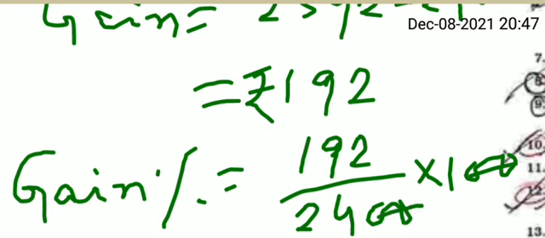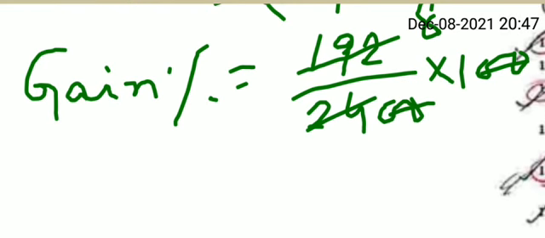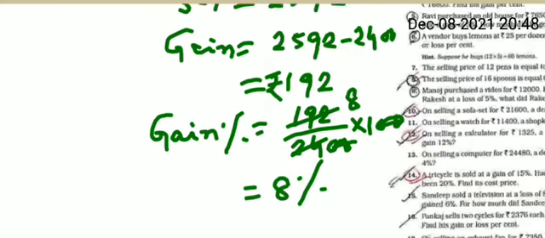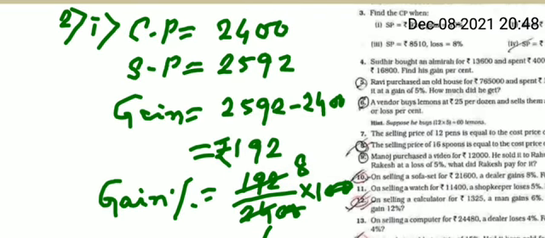Now 24 and 192 eliminate with 8. So here the gain percent will be 8%. Okay students, so in this way you have to solve question number 2, parts 1, 2, 3, 4, 4 questions. Clear?